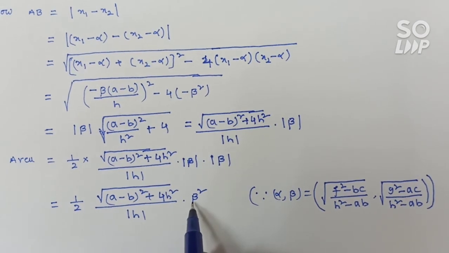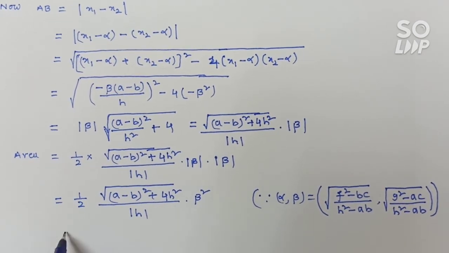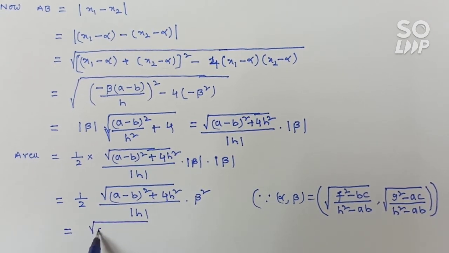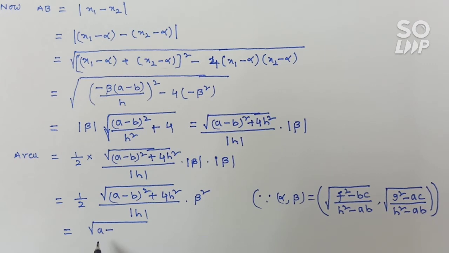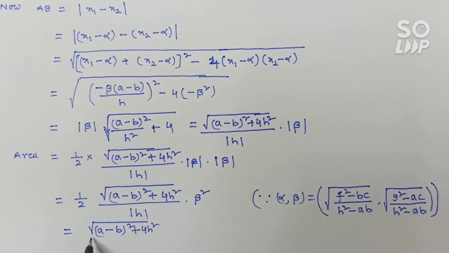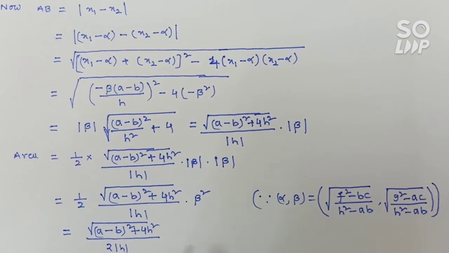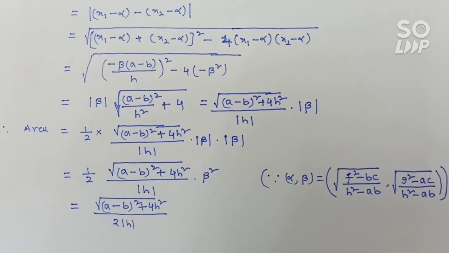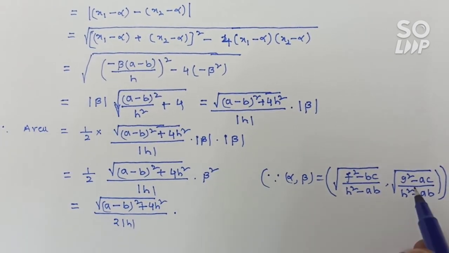Now if you write in this place, this value will be equal to square root of (a minus b) whole square plus 4 into h square by 2 into modulus of h into beta square value will be equal to this one.